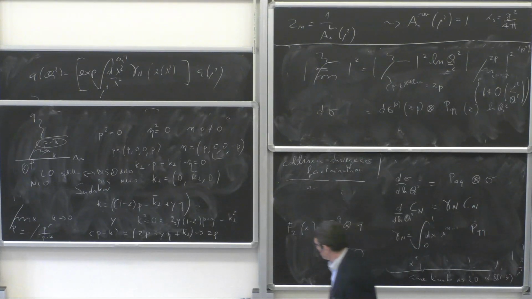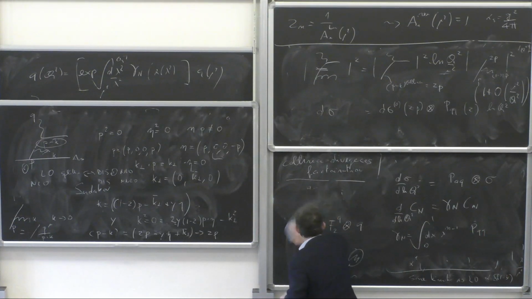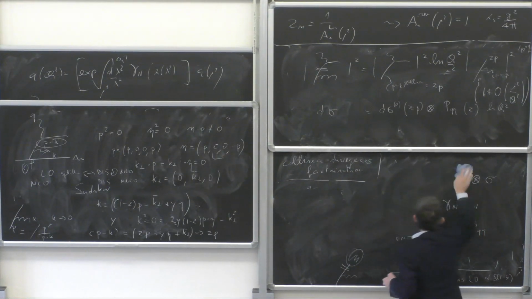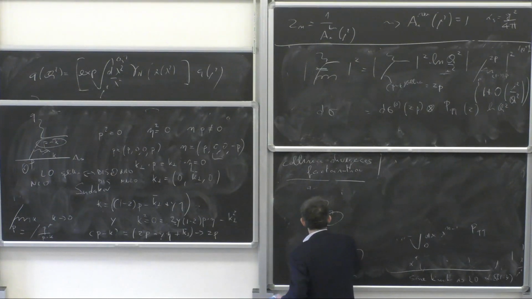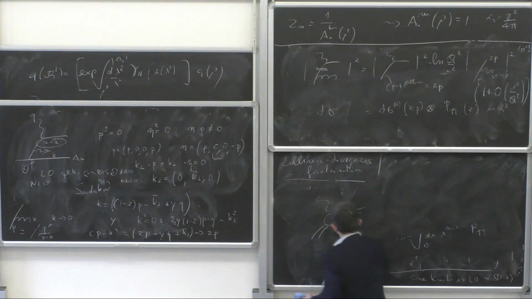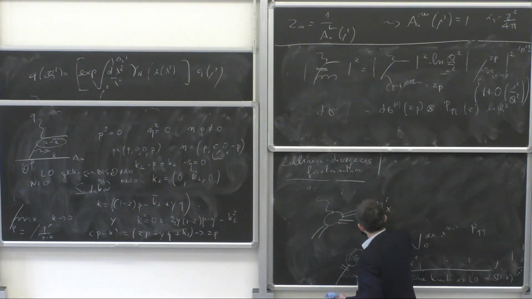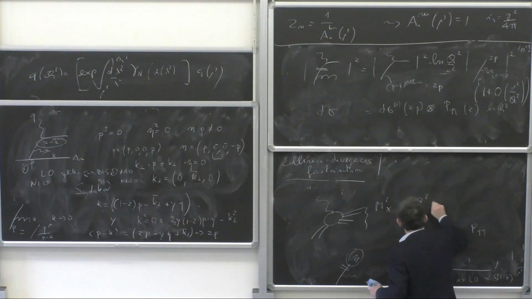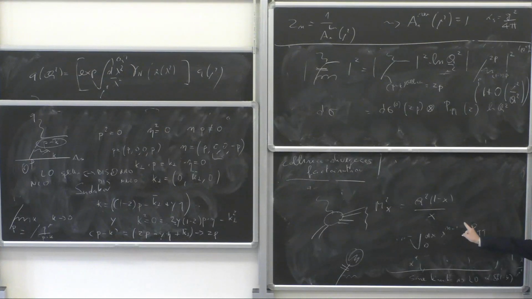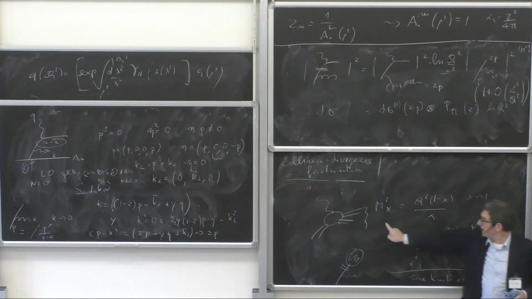But remember that when I started yesterday, I told you that if I look at the process like this, if I take m square X, where this is the invariant mass of the final state, this is Q square times (1 minus x) over x, where x is x Bjorken. Okay, so you immediately see that if x goes to 1, then the invariant mass of the final state is going to 0.